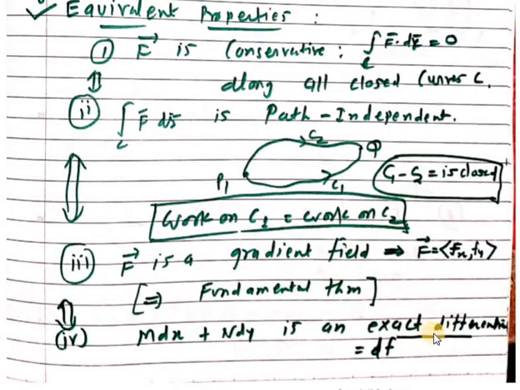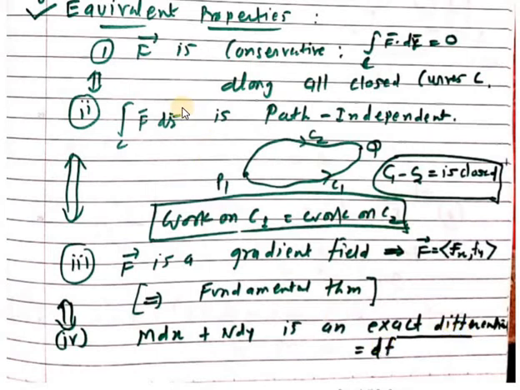or simply is exact differential, in that case it is required to consider M dx plus N dy as the vector field F bar. What will the vector field F bar be? (M, N). That will be our vector, and we check whether that vector field F bar is conservative or not. If the vector field F bar is conservative, then we say it is an exact differential.